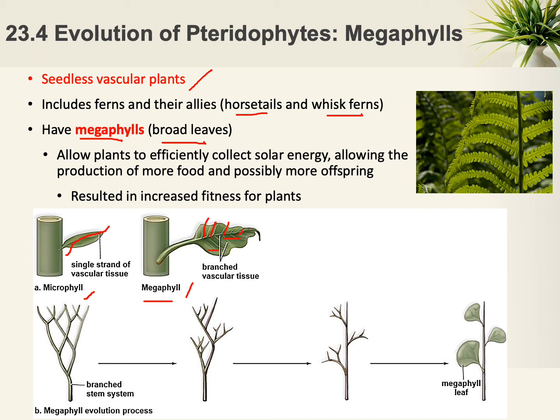If you see the megaphyll evolution process here, there is a branching system, and then they branch out, and lastly they produce the megaphyll leaf. This allows the plant to efficiently collect solar energy, allowing the production of more food and possibly more offspring. This results in increased fitness for the pteridophytes, as they have megaphylls.